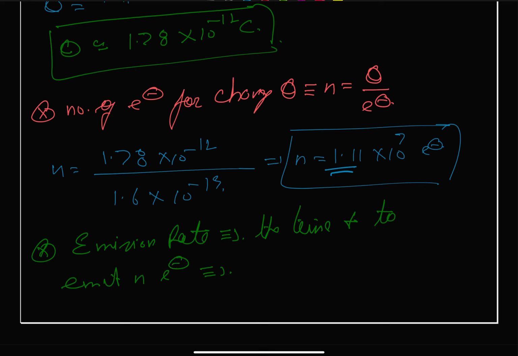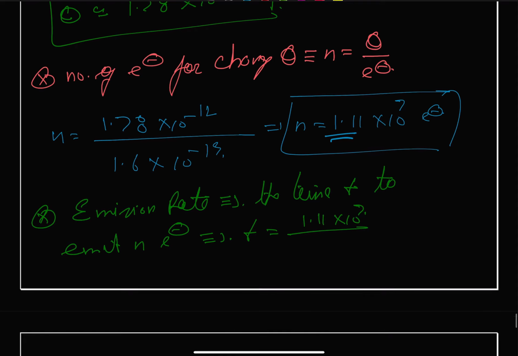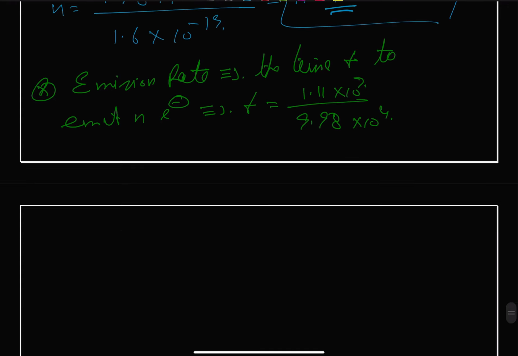So t is equal to 1.11 into 10 to the power 7 divided by photoelectrons emitted per second, and that per second is given to us as 9.98 into 10 to the power 4. So from here we get our t is approximately equal to 111 seconds.